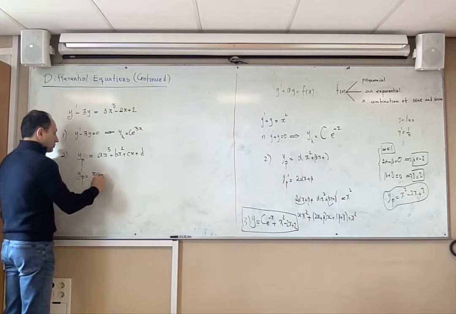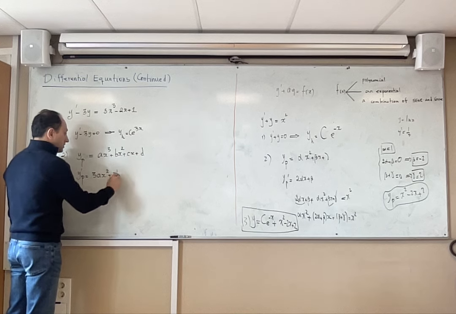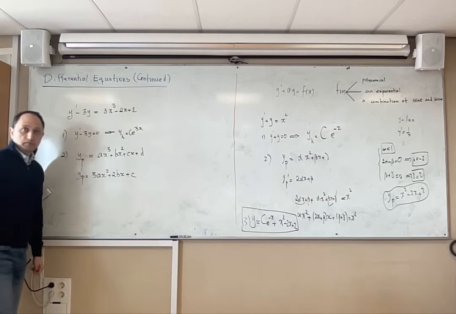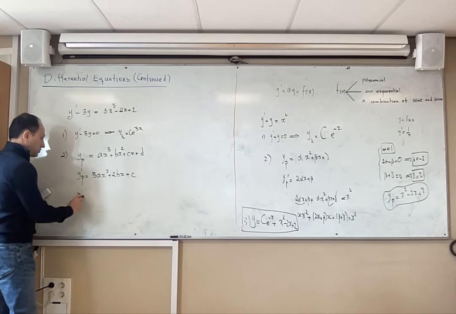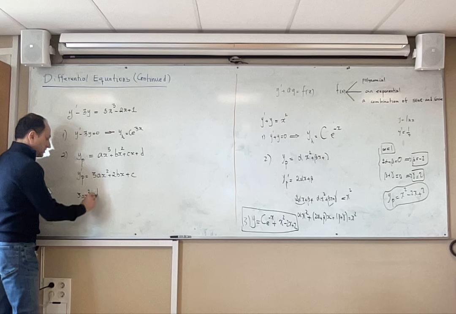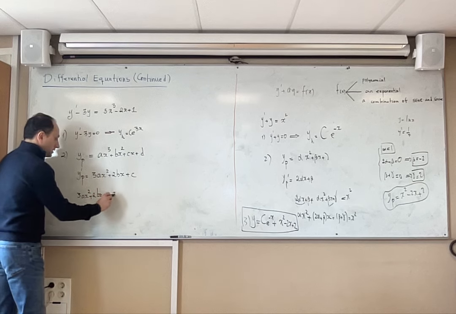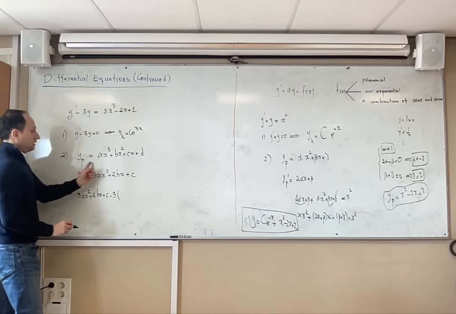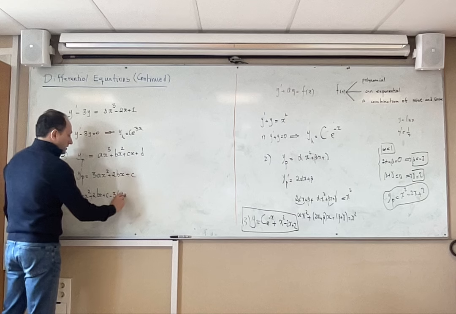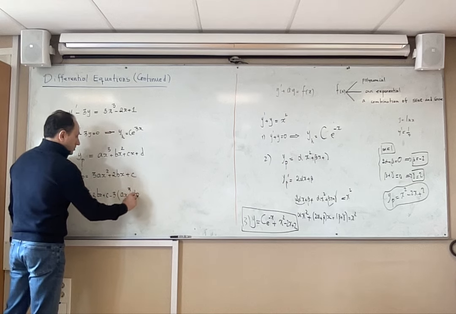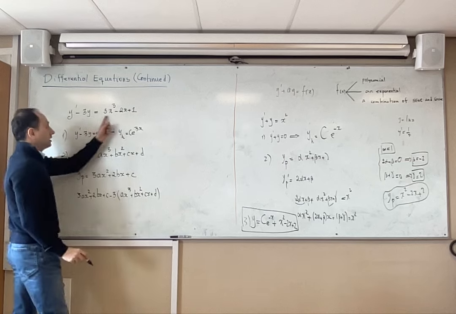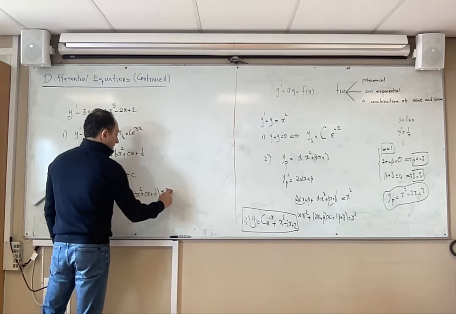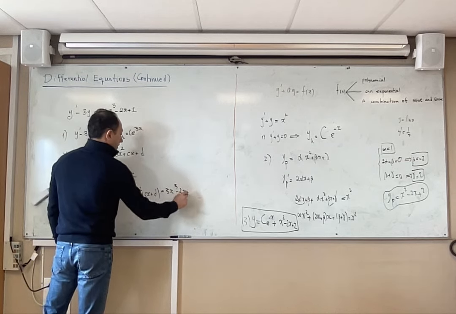So it's 3ax squared plus 2bx plus c. Yes? And then I put it back into my equation. So it becomes 3ax squared plus 2bx plus c minus 3 times y, this y, ax cubed plus bx squared plus cx plus d. And the right hand side, I copy and paste that one. So 3x cubed minus 2x plus 1.